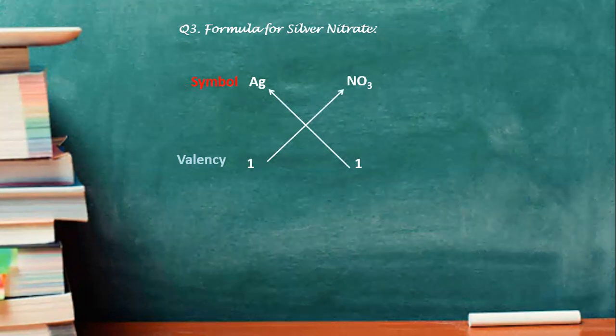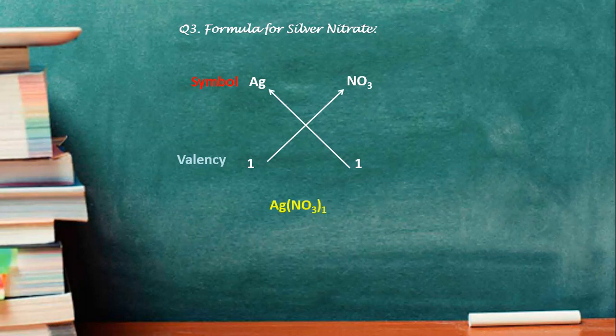So when we cross multiply, the formula becomes Ag1 NO3 the whole bracket 1. So 1 is always understood. That is why the formula of silver nitrate is AgNO3 or अग्नोत्री. जैसे अग्निहोत्री किसी का सरनेम होता है तो वैसे ही अग्नोत्री, AgNO3 is the formula of silver nitrate.